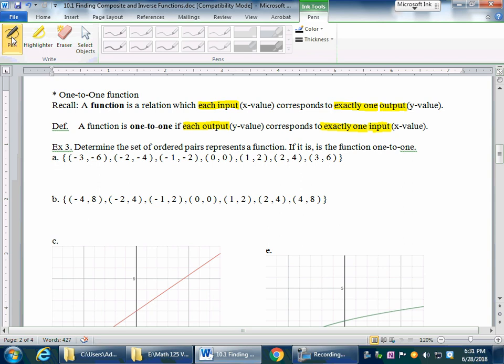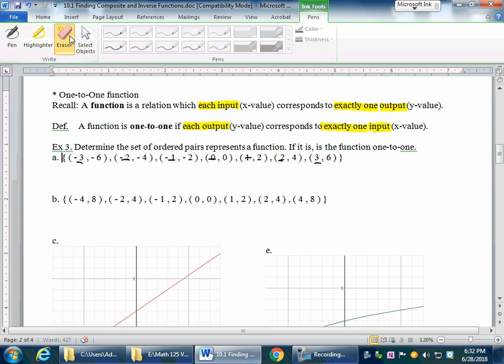If every x value is different, that means each x value corresponds to exactly one y value. So in example A, all my x values are different, so therefore it is a function.